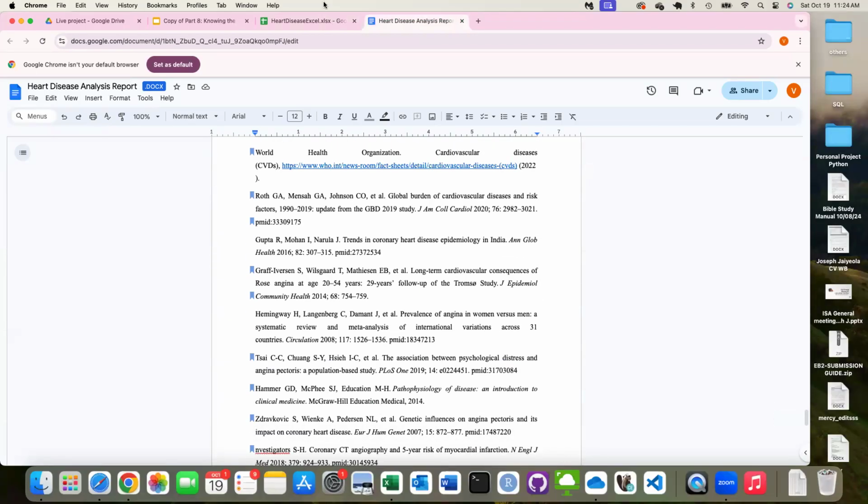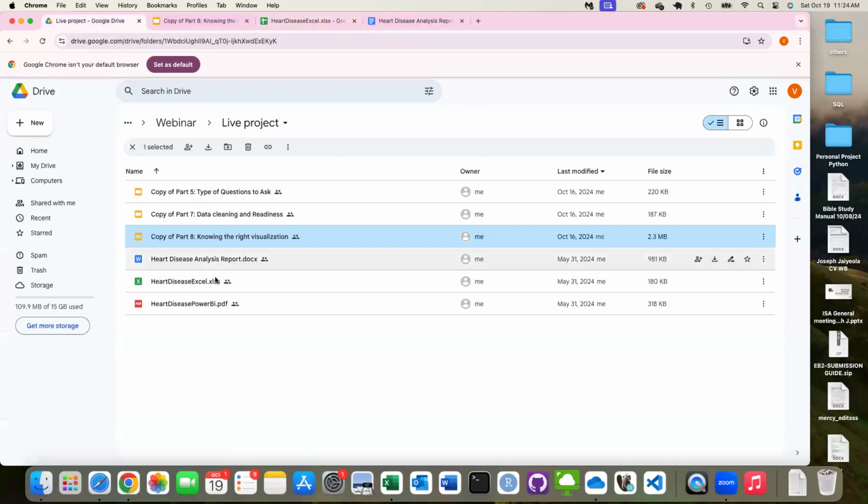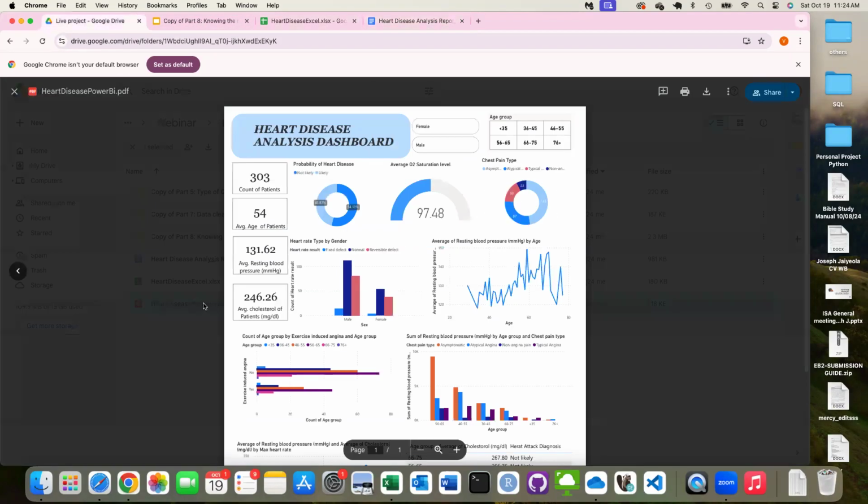I showed this earlier in the class. This is a past student of ours, and this is what he did in Power BI. I wanted us to replicate this analysis, but I figured that doing something so simple would be best. So the question is, what's the next best thing?